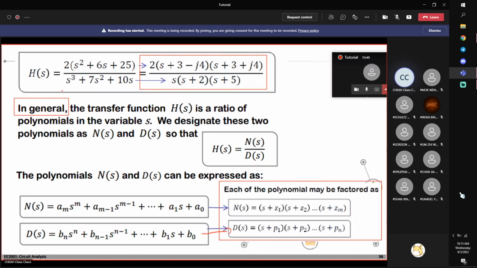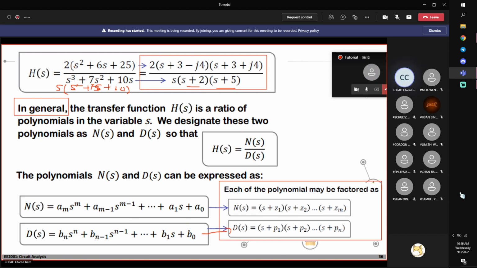And we know that this polynomial can be factorized. For example, in this case, if you take out s, then you have s squared plus 7s plus 10, and s squared plus 7s plus 10 can be factorized into (s plus 2)(s plus 5).